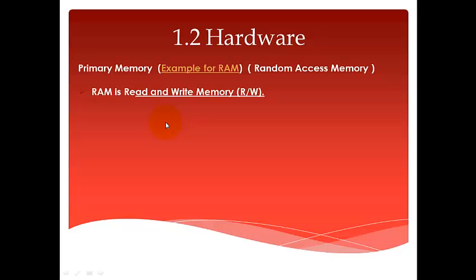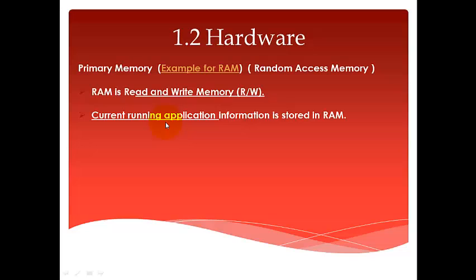And RAM is a read and write memory. So whenever data is needed for the CPU, that can be written. Whenever the task has been completed, the data inside the RAM will be deleted. So what information will be stored in RAM? The RAM will store currently running information.